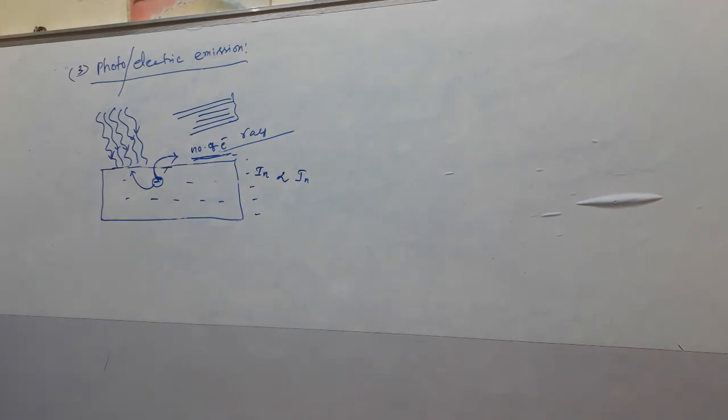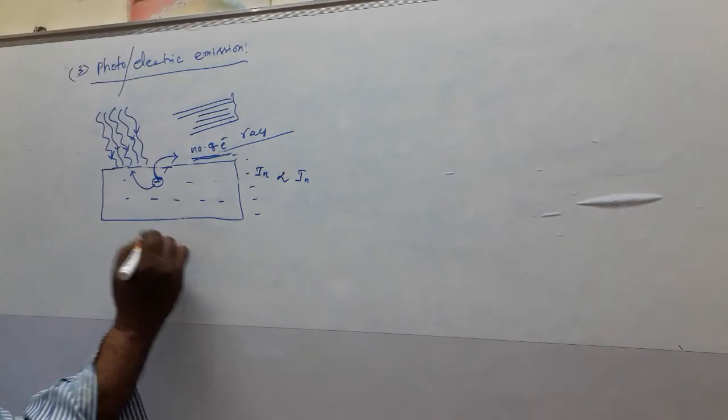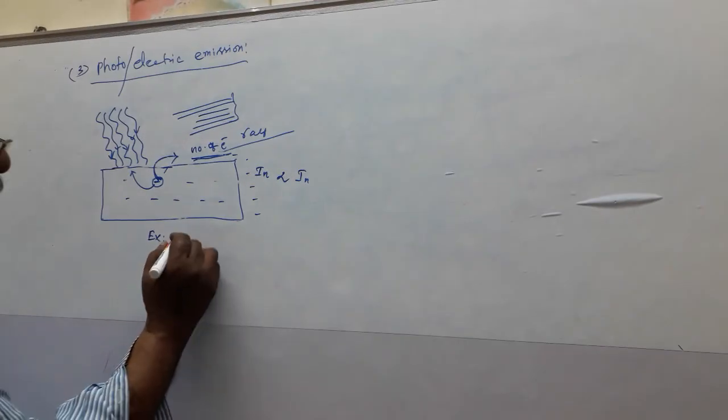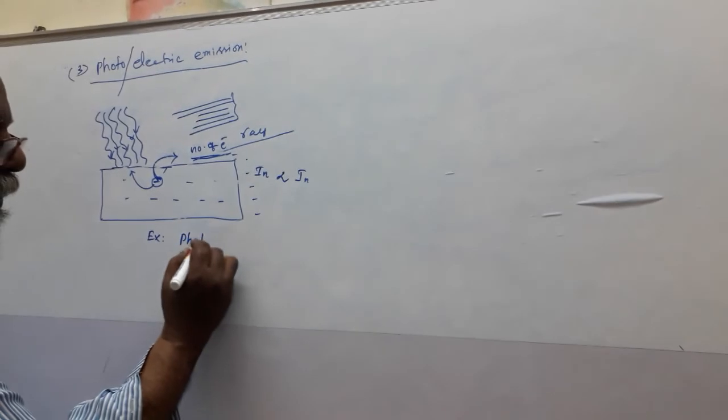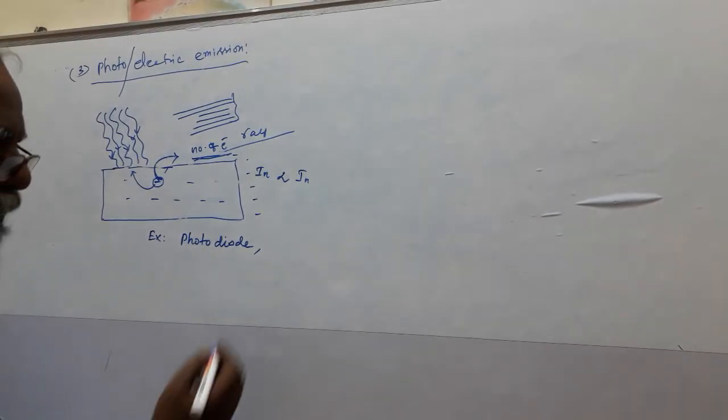Now, before going to the fourth one, you need an example for this: photodiodes and photoelectric cells. In electronics, in the next chapter or in this chapter, we are going to see about photodiodes and photoelectric cells.